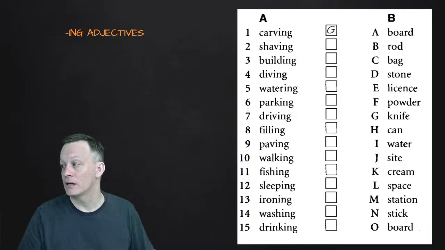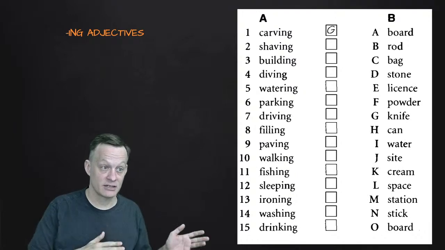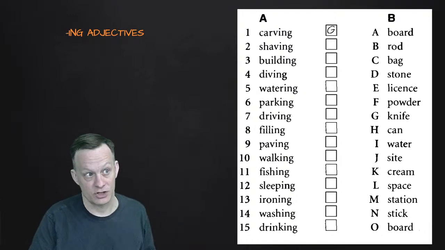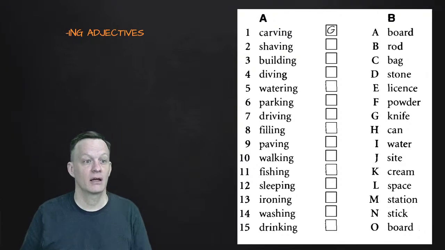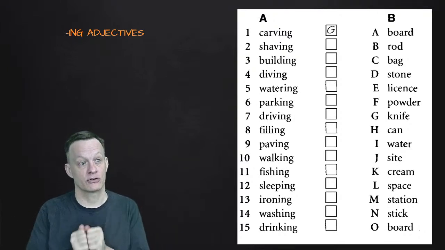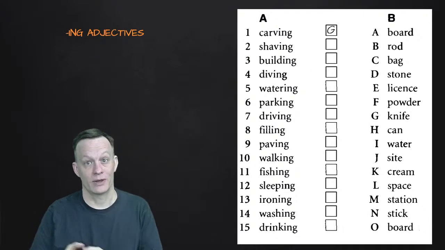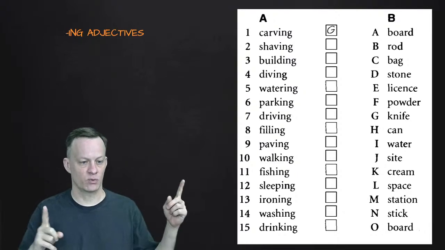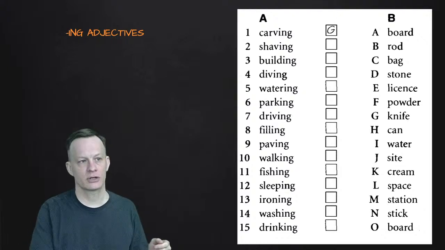So here we are, and you've got the adjective on the left with an ing, and then the object on the right, and we put them together to describe the object. For example, carving goes with knife. It's a carving knife. A carving knife is one of these very big knives that you use to cut a chicken or a turkey.